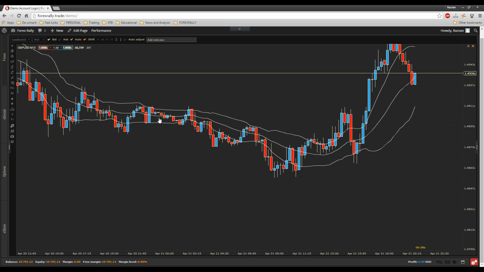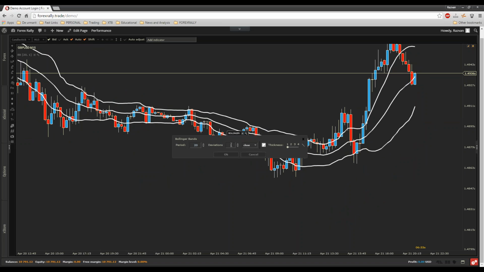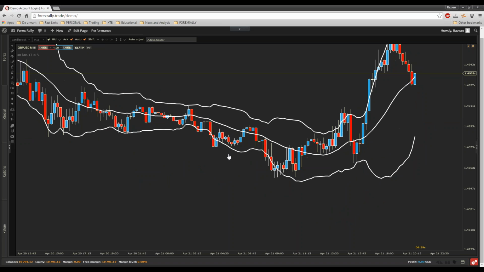So now, what am I talking about? If we are using 1, it doesn't help. Let's get it to 2 and see what happens. The width of the channel now is a bit higher. Let's move it to 3.